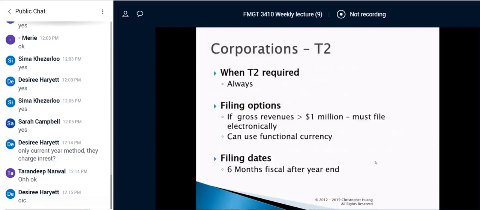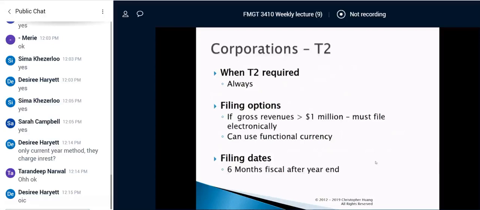Also, when's your due date? Again, the due date for the return is 6 months after your year end, okay? So in other words, you must file 6 months after your year end. Now, here's one thing that's very different between corps and individuals.